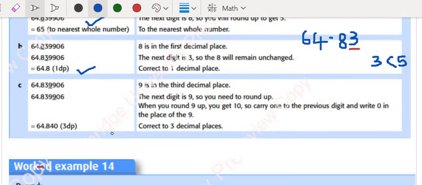We go to the question C. We're asked to round the number to 3 decimal places. So we have to see the number 64.8399. If they ask to make it for 3 decimal places, we have to see the fourth decimal value. See, the fourth decimal value is 9, which is greater than 5. So we have to add 1 to the third digit.